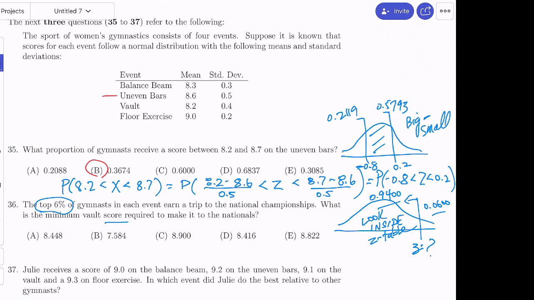So 0.94... Oh, okay, no, but at 0.94, what is the z? What is the z associated with 0.94?